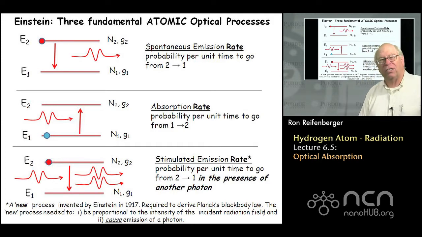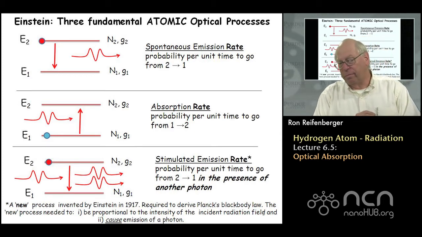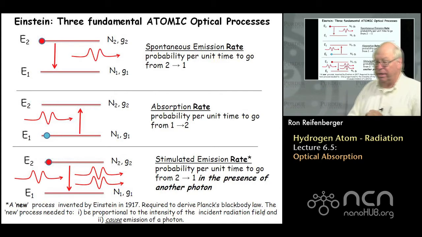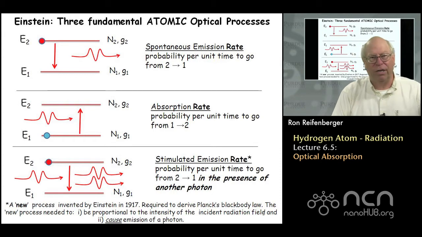The third process he had to cook up. He was in the process of trying to understand more about blackbody radiation, and in the analysis of Planck's blackbody law, he recognized that there was a process that was omitted that went beyond these two simple processes, and he referred to that as a stimulated emission process.